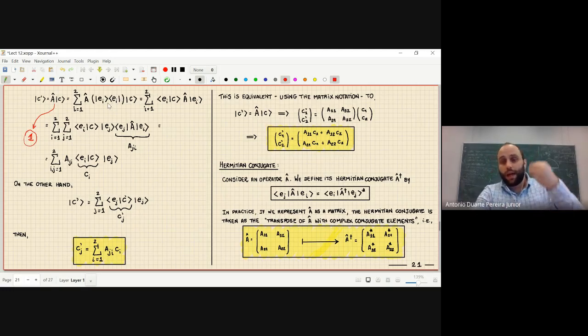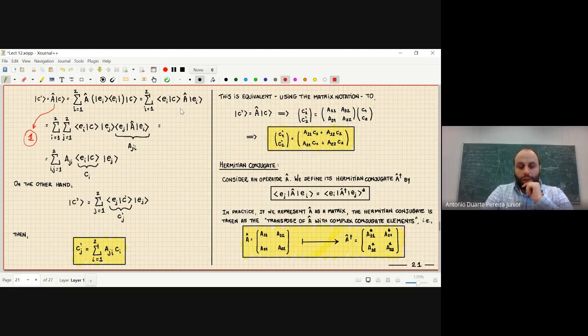This gives me a number times a vector, and the number I put in front of everybody and kept the vector here. You see that I cannot move this vector around because there is a matrix multiplying it. And the multiplication of a matrix and a vector is not commutative. So you cannot swap the order, okay? But this number I can move because this is just a number, okay?